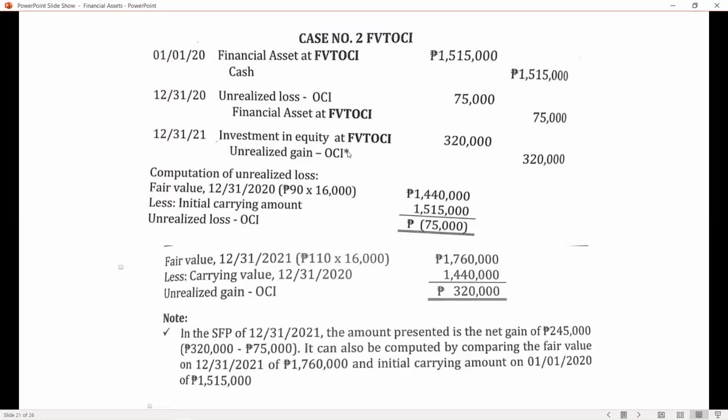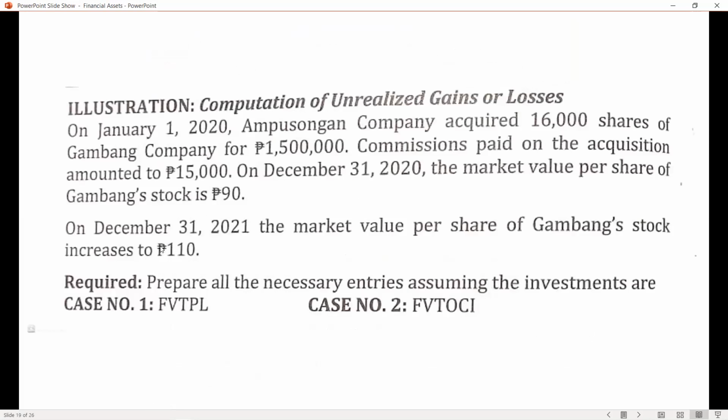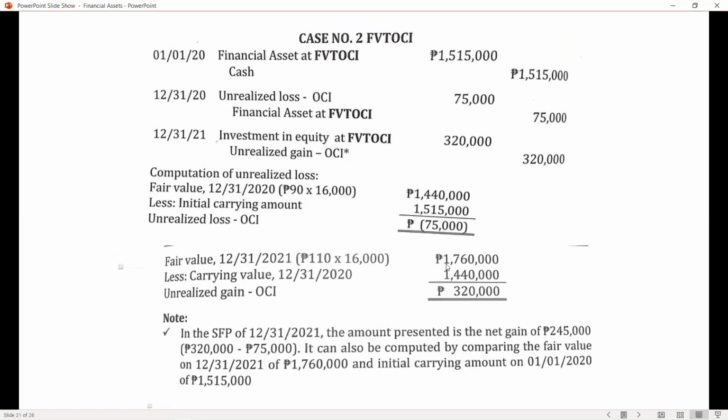At i-remember dapat natin yan. Laging tandaan. So next we have here the fair value at December 31, 2021, we have 110 times 16,000 shares. Asan galing sa 110 ito? Change in fair value. Ibig sabihin, naging 1,760,000. Gagamitin natin yung carrying amount noong previous year, which is December 2020, which is 1,440,000.